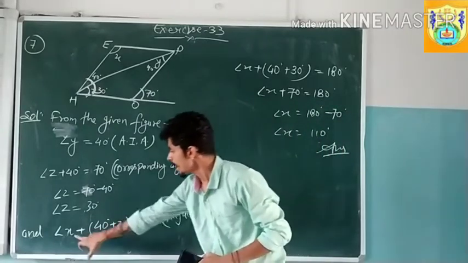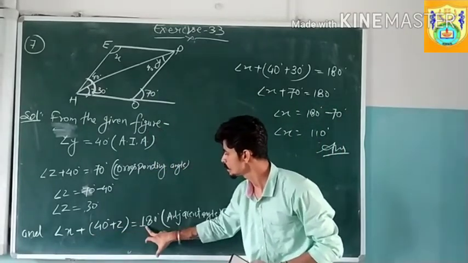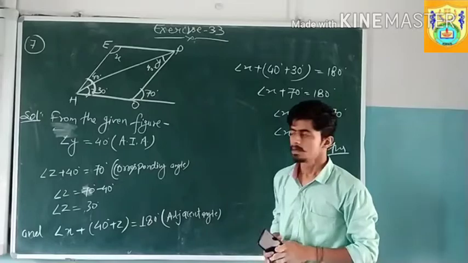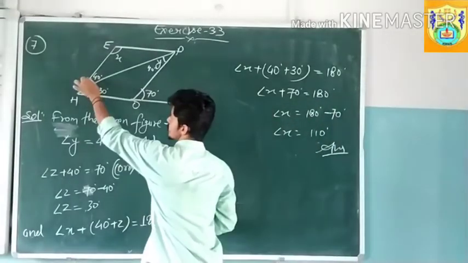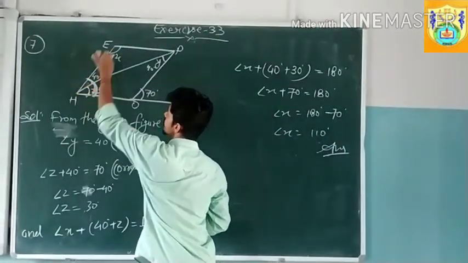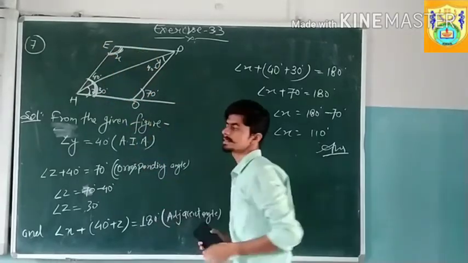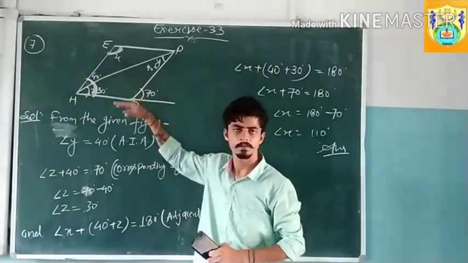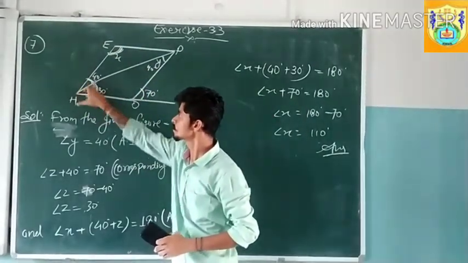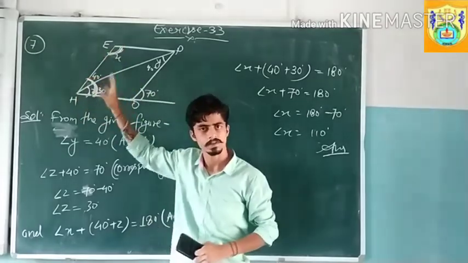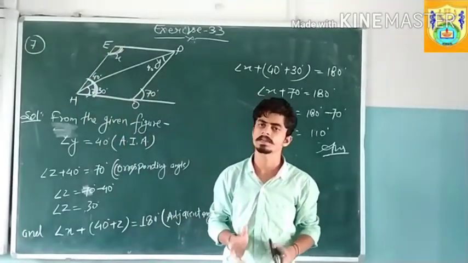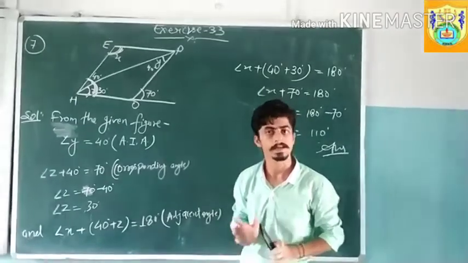Now x plus 40 plus z is equal to 180. Just see that this total angle and this angle are adjacent angles. They are just beside each other. So this total one and this one are adjacent angles. That means the sum of two adjacent angles will be equal to 180 degrees.